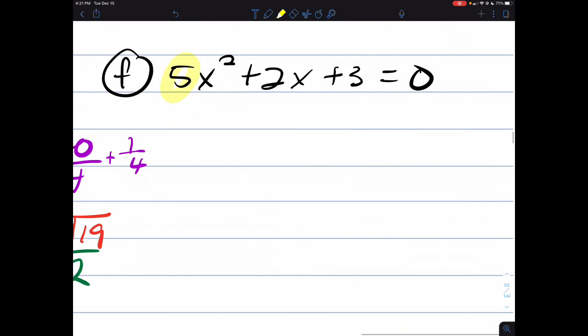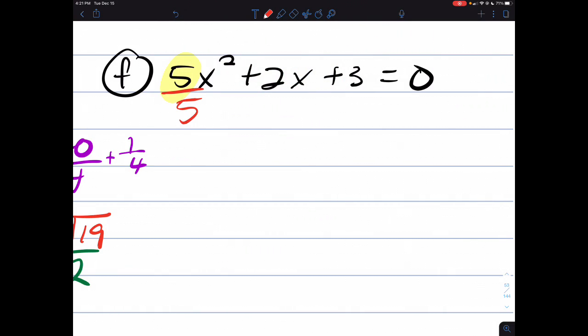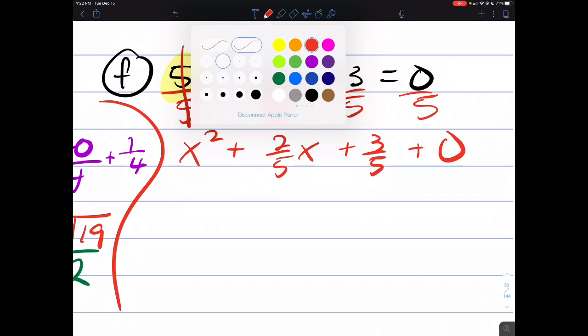Notice our leading coefficient is not 1, so we got to do the divide all the things. So I have x squared equals, x squared plus 2/5 x plus 3/5 plus 0. This book must hate us giving us numbers like that.